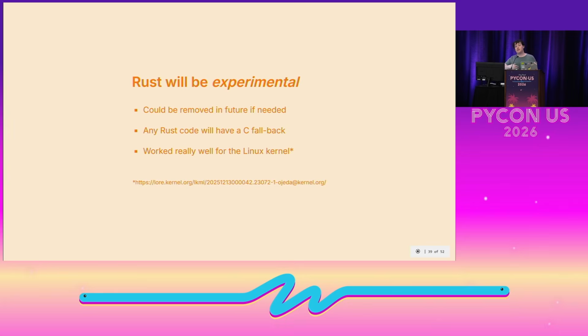And this last fall, they declared that it was no longer an experiment. Another constraint is that Rust code needs to have a C fallback. And the reason for this is that if you don't have Rust installed, or if you don't have Rust available on your platform, we don't want you to be unable to run whatever module is implemented in Rust.